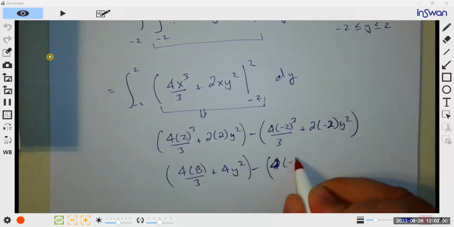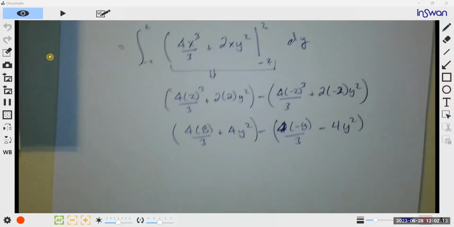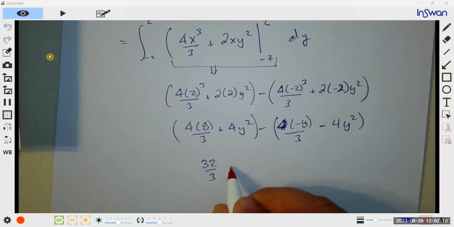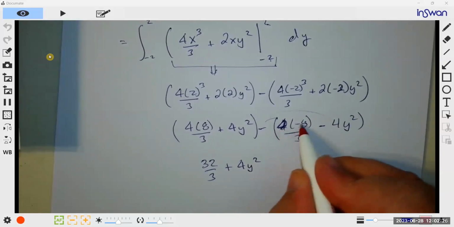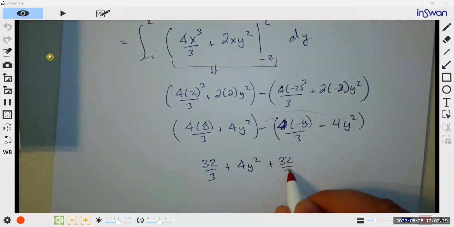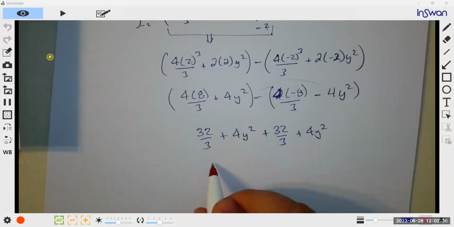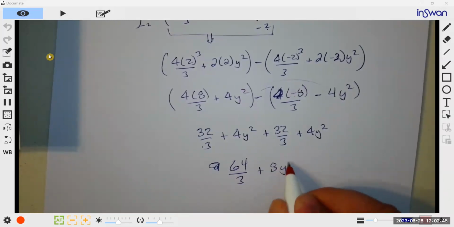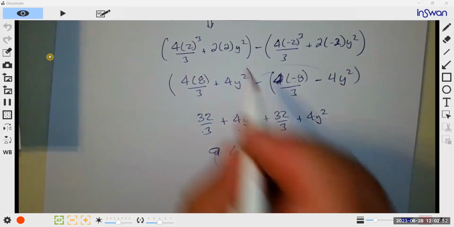Minus 4 times -8 over 3 minus 4y squared, which is negative 32 over 3, so it's positive 32 over 3 plus 4y squared. 32 over 3 plus 32 over 3 is 64 over 3 plus 8y squared. So that is the inside.